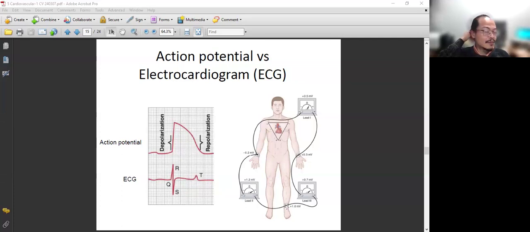But usually we have four: left arm, left leg, right leg. With the other leg, we have a common ground. Without this one, we basically will use these electrodes as the ground, but that's not a common ground. So don't worry about these technical details. What you need to know is that we have the electrodes.